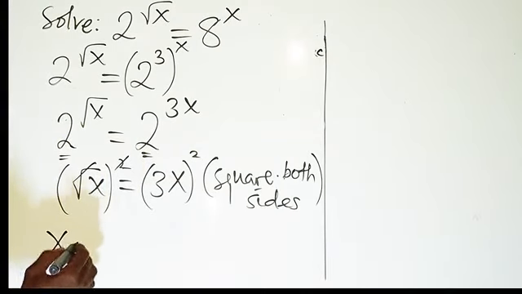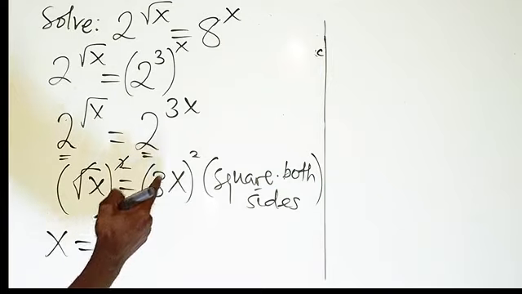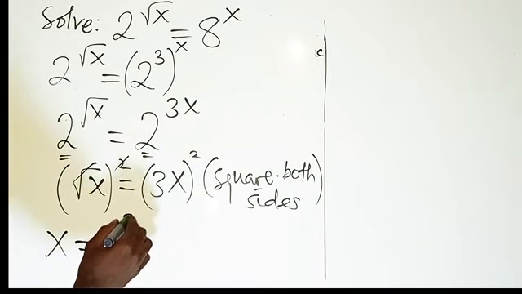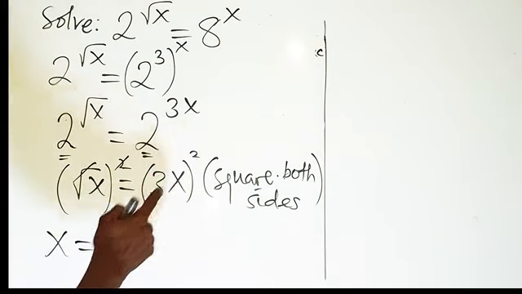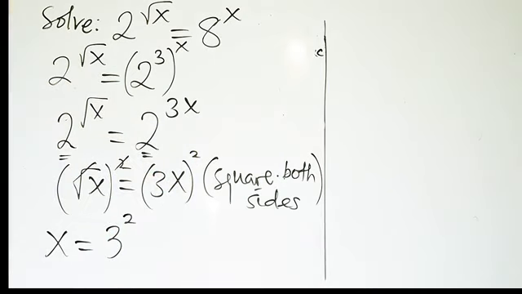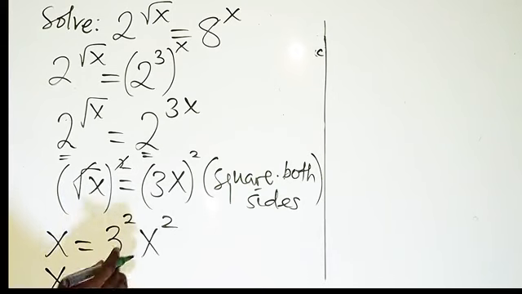We have x equals 3 squared, because this power will affect the two entries we have here, then multiplied by x squared. So now we can see that x equals 9x squared.